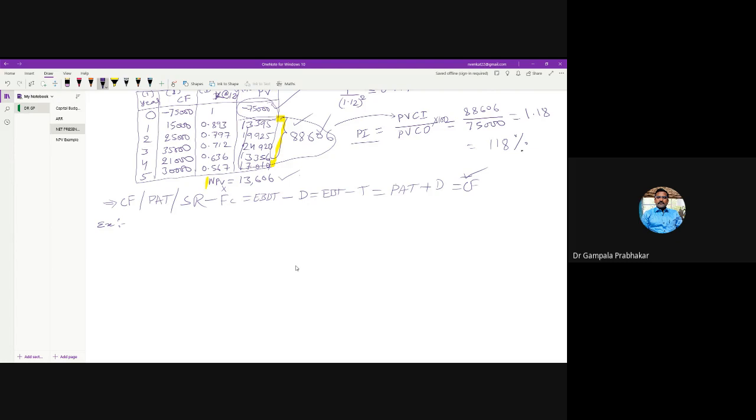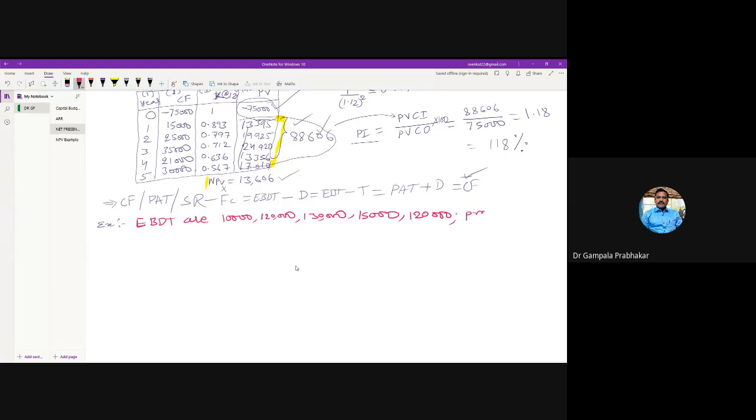Earnings before depreciation and tax are 1 lakh, 1,20,000, 1,30,000, 1,50,000, and 1,20,000.